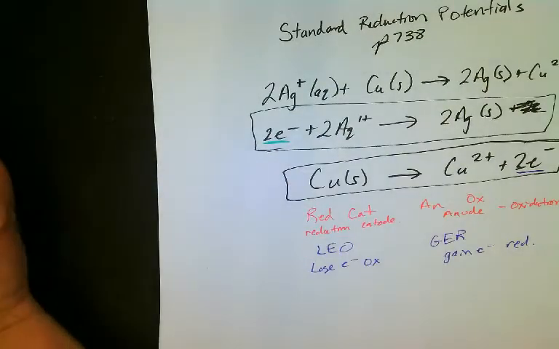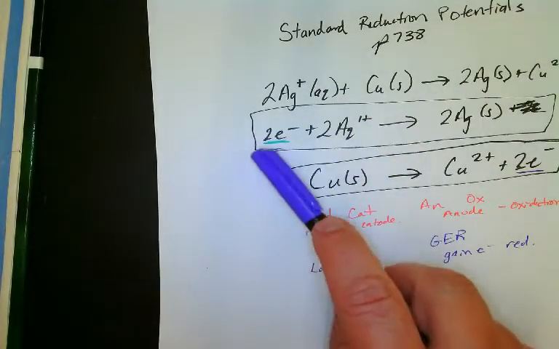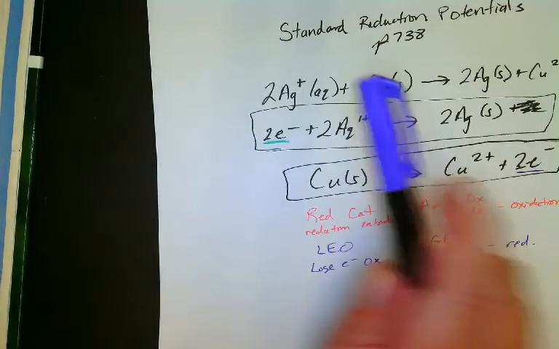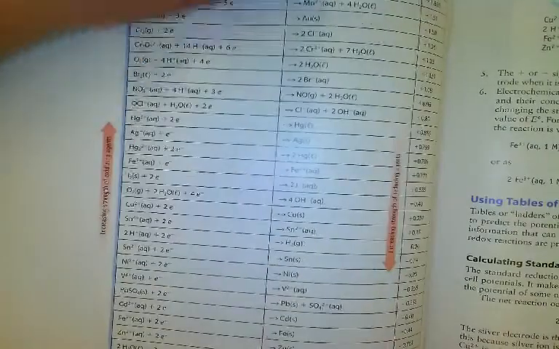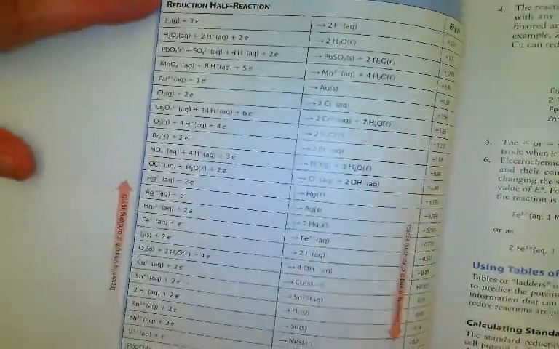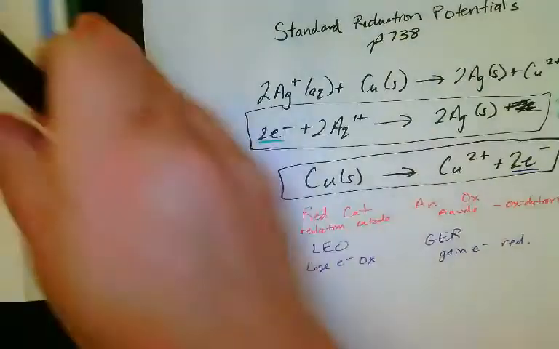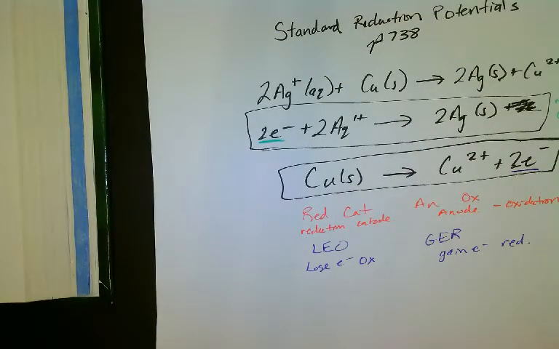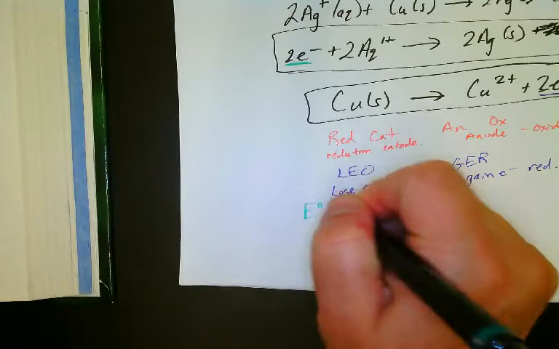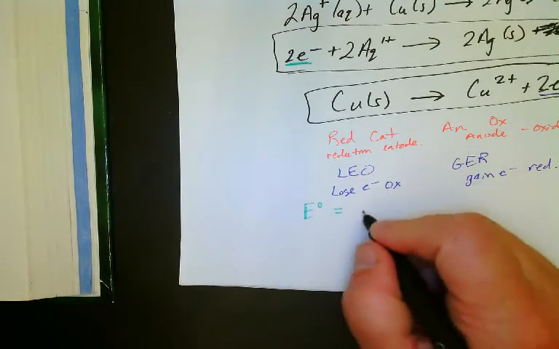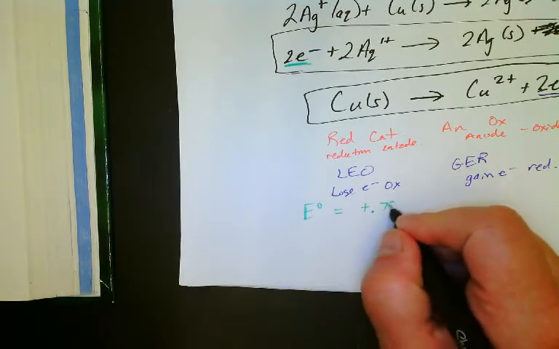So my first number that I have to look up is reduction. So I'm going to look for silver. And you can see silver is right here. And it's 0.779. So I'm going to write that down. Silver is my cathode. So I'm going to write E0 equals positive 0.799.